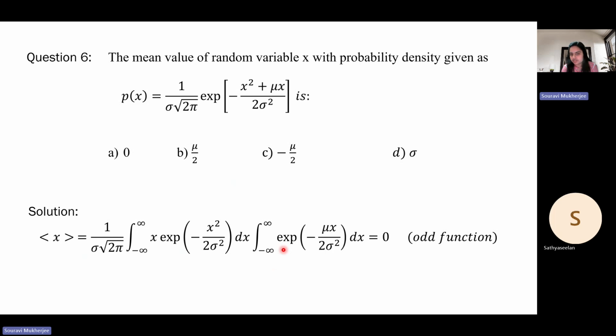You don't have to solve this integration. You can right away say that this is going to be 0 because you're dealing with an odd function. So integration of an odd function from minus infinity to infinity gives you 0. Clear? So for this case, the answer is 0. Just to remind you that in certain cases, you don't have to solve. So be careful.